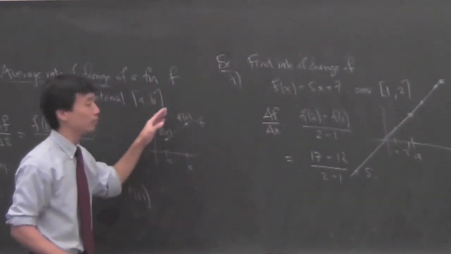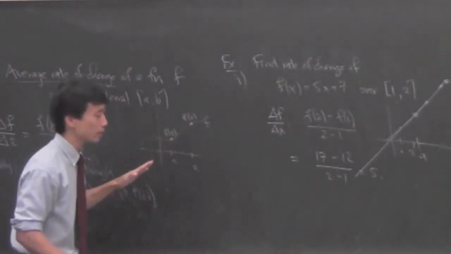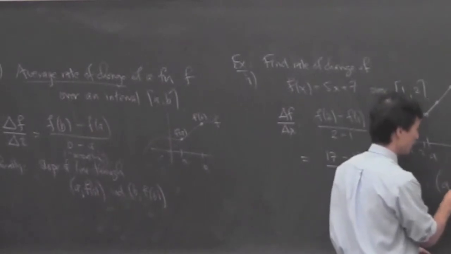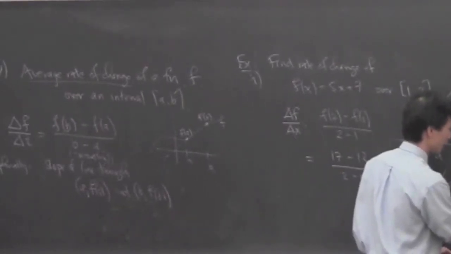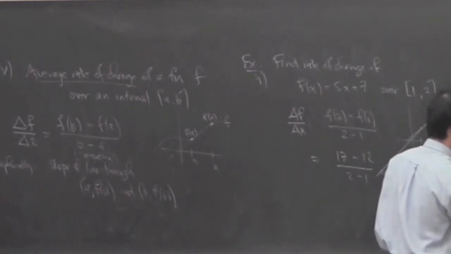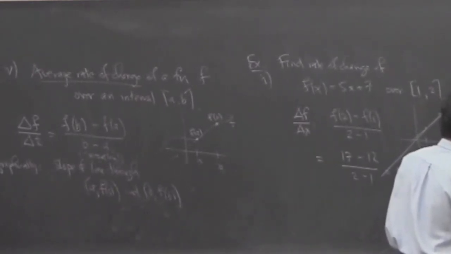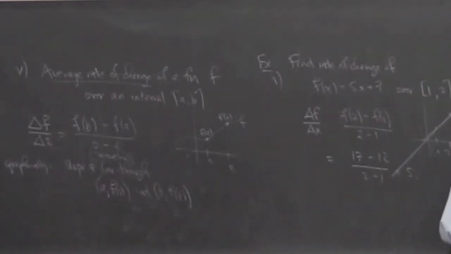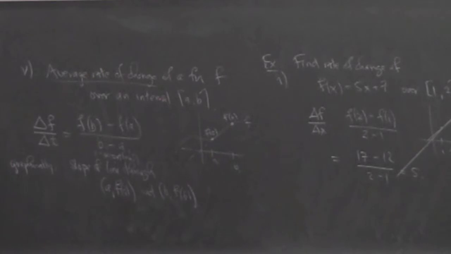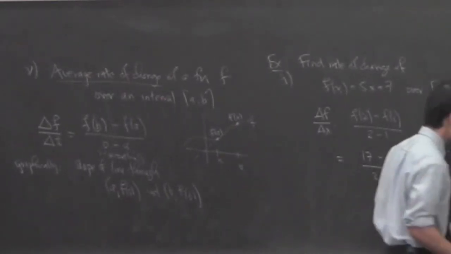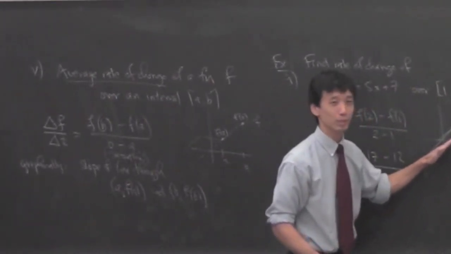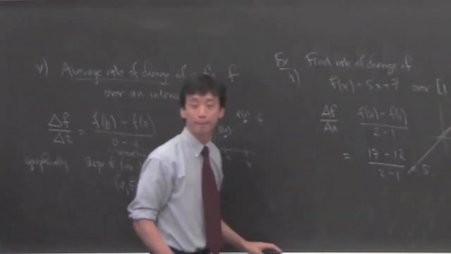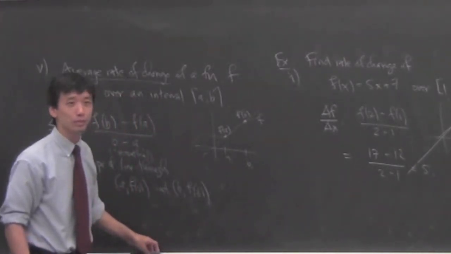That's what a line means, basically. A line is exactly the function with a constant rate of change. The rate of change doesn't vary. Any questions?